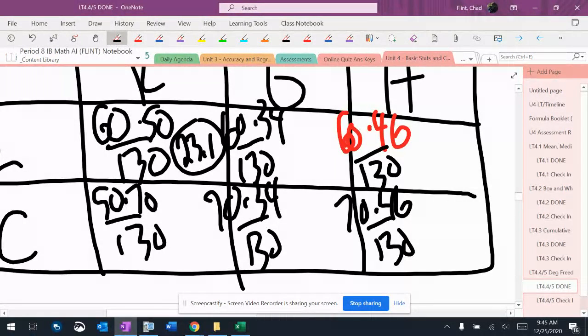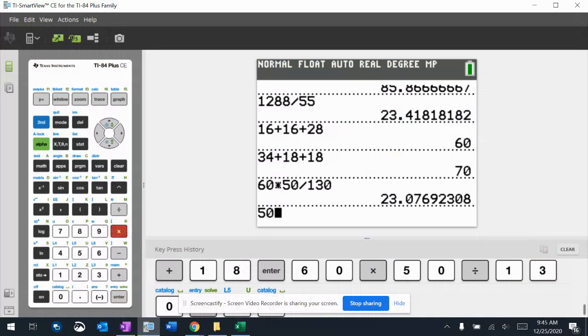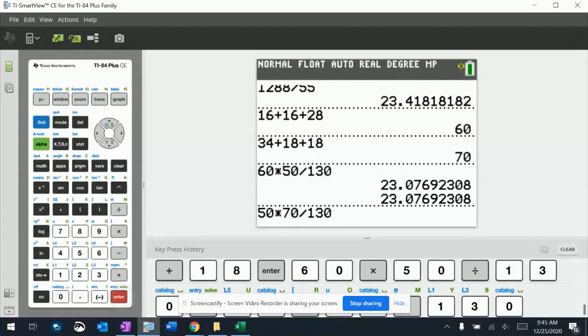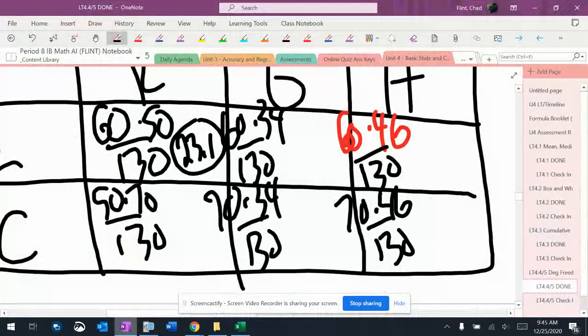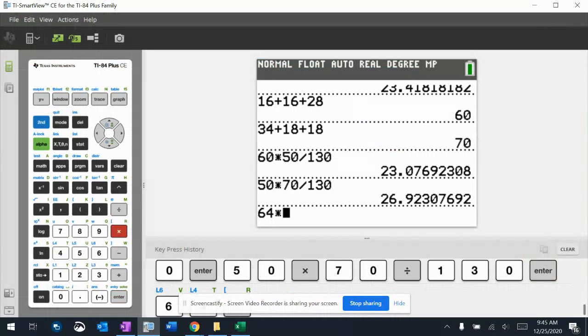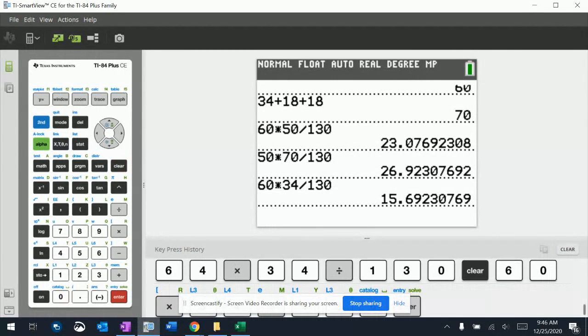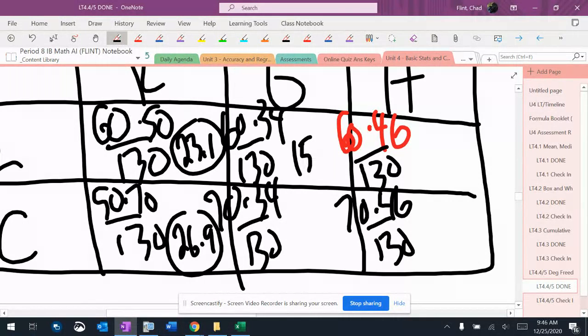Didn't really do nothing there, but that's okay. So 26.9. 60 times 34 divided by 130 is 15.7.